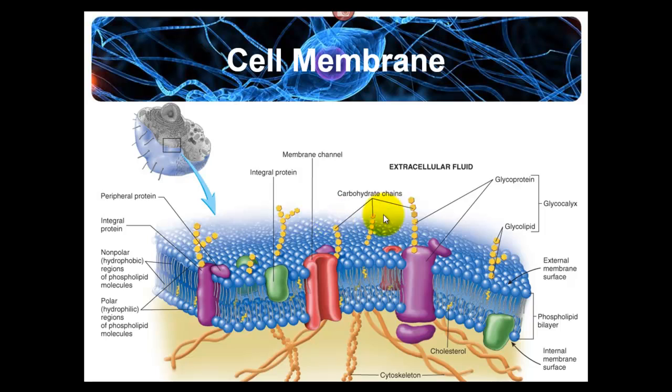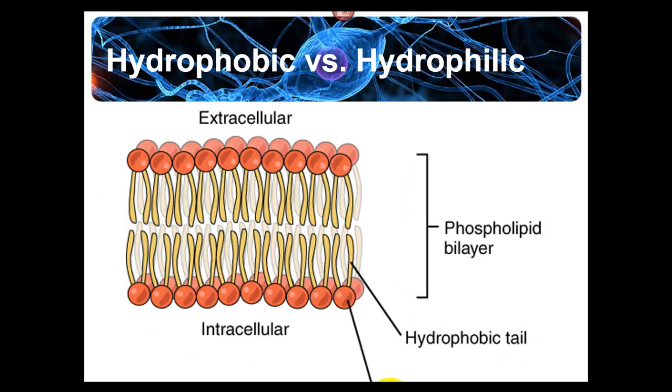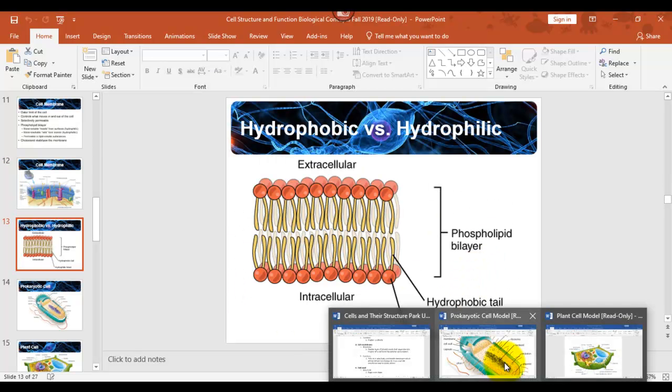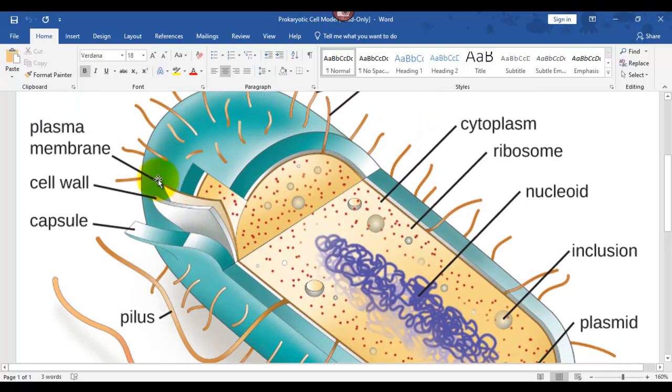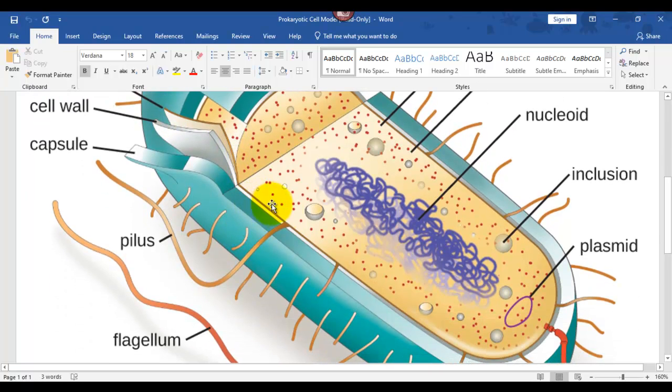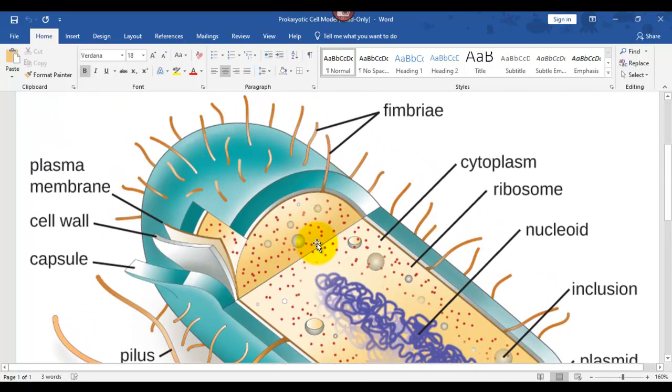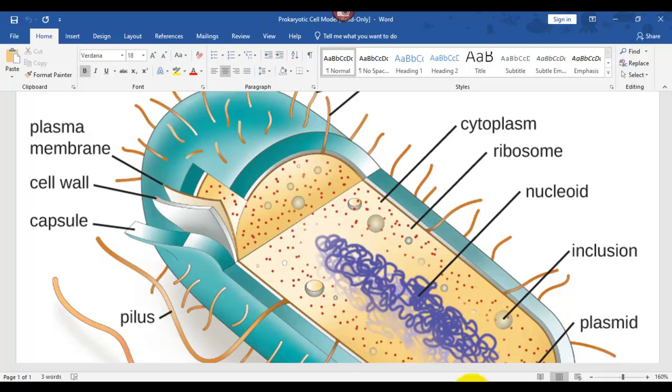The channels, the little parts coming off, like this, phospholipid bilayer. So they also have a cell membrane. Sometimes they're called plasma membranes as well, and you can see it represented here, the very inside layer there. Now here's where they are really different than a eukaryotic cell.